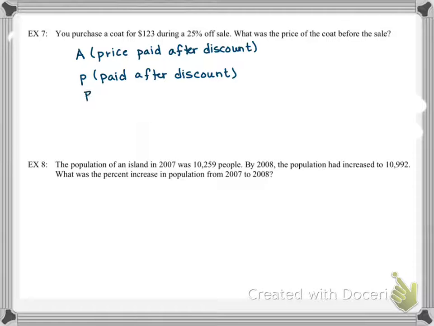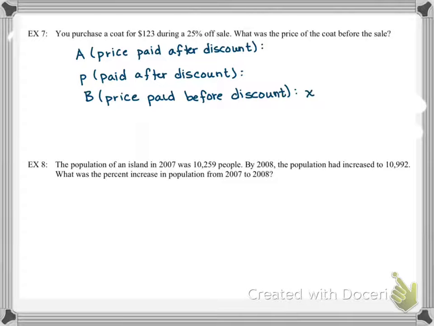And my base, B is for before, so this is the price paid before the discount. And so we don't know the price before the sale. If you wrote sale instead of discount, that would mean the same thing. I guess we use sale in this question.